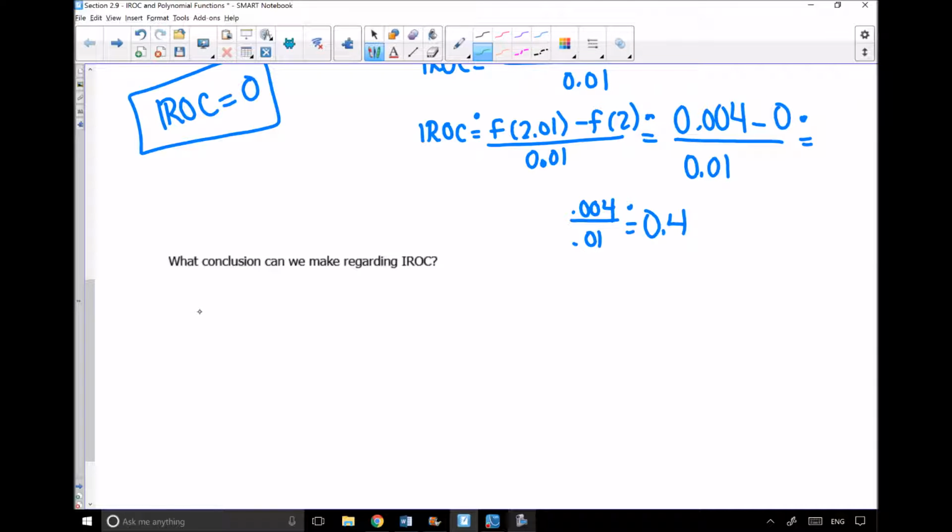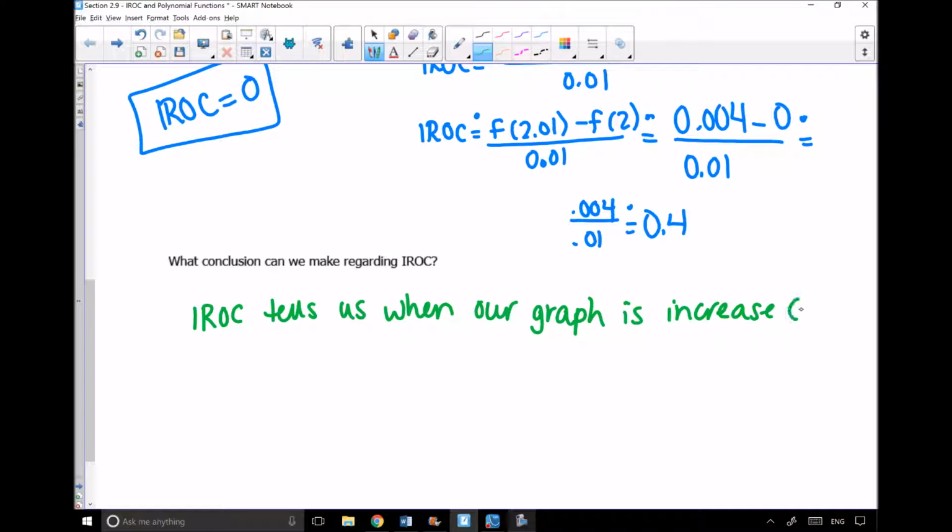We can say that the instantaneous rate of change tells us when our graph is increasing, and if it's increasing, then our IROC will be positive, so we'll say it's a positive IROC.